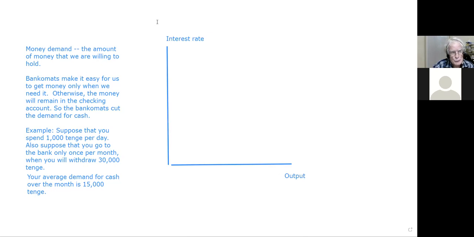So you remember that in a closed economy, output will increase as the interest rate falls because people borrow more money for spending. There is the IS schedule. And here is the LM schedule that reflects money supply and money demand in equilibrium.